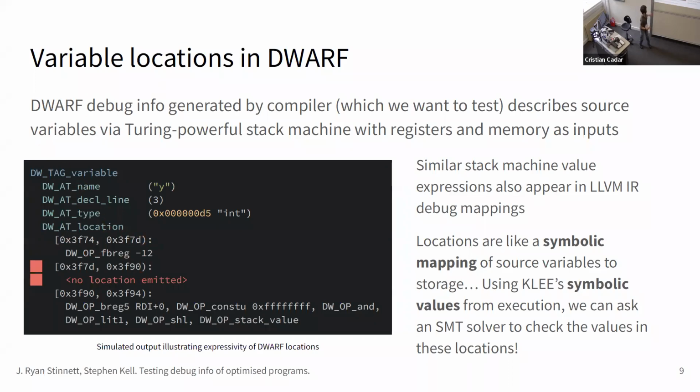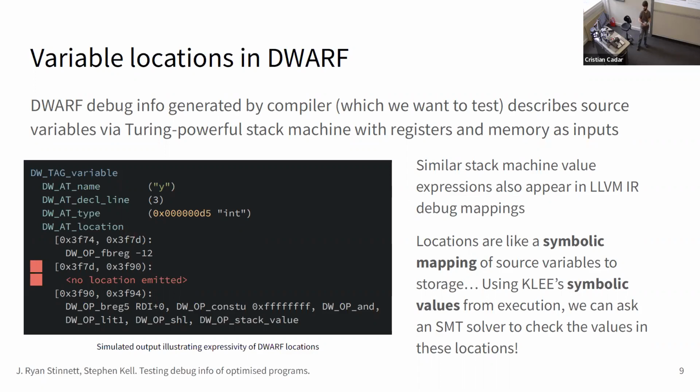Okay, so this first block there, it's saying that at those instructions, the variable y is stored at an offset of the base register of the stack frame. Then there's a second set of instructions where there's no location emitted at all. So if you had stopped the program in that area, that's one of those cases where you wouldn't be able to access that variable value at all.